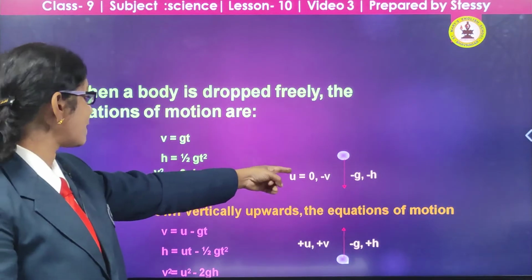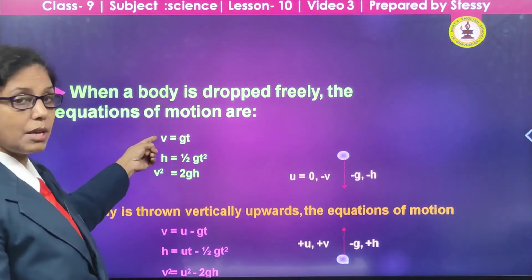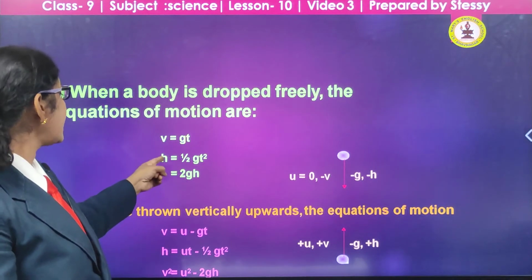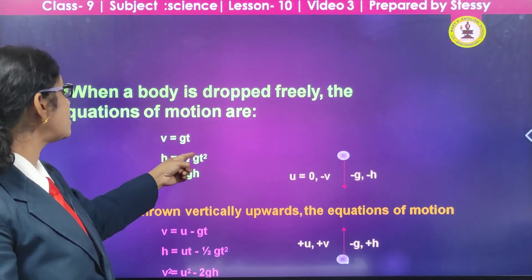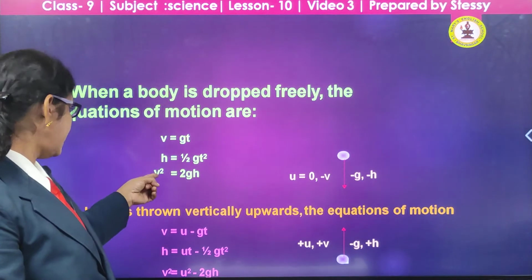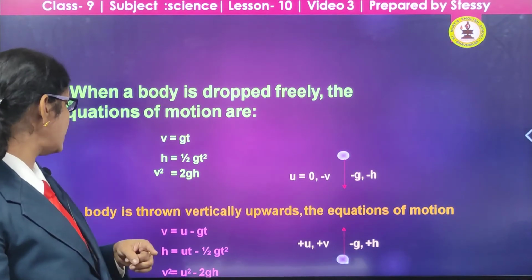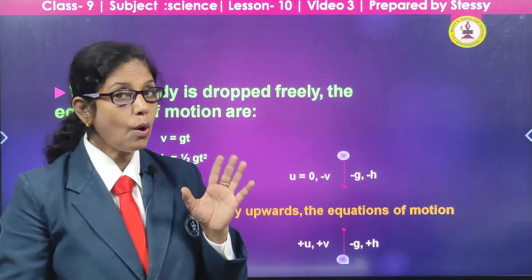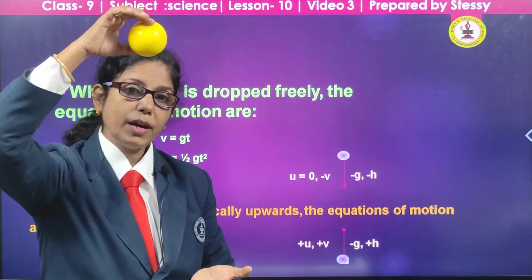When we substitute these values, the first equation becomes v is equal to gt. The second equation becomes h is equal to half gt squared, and the third equation becomes v squared is equal to 2gh.